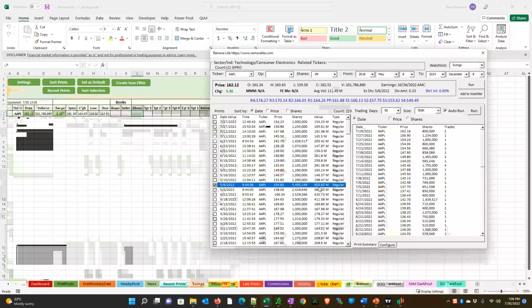This is part of your due diligence, because if we look here at the price range, 154, 153, look, we went down to 133. This is a huge splash. We went from 154 all the way to 130, and then all the way back up to 162.